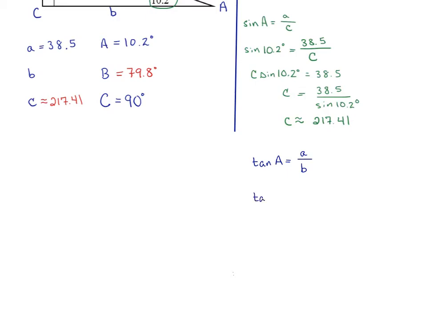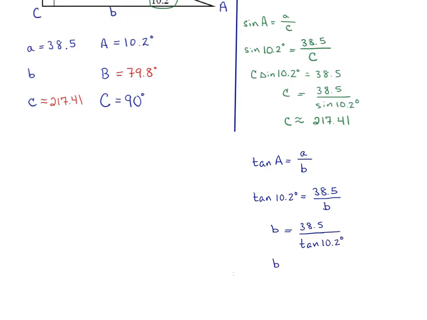This means that tangent of 10.2 degrees equals 38.5 over b. So b will equal 38.5 over the tangent of 10.2 degrees.